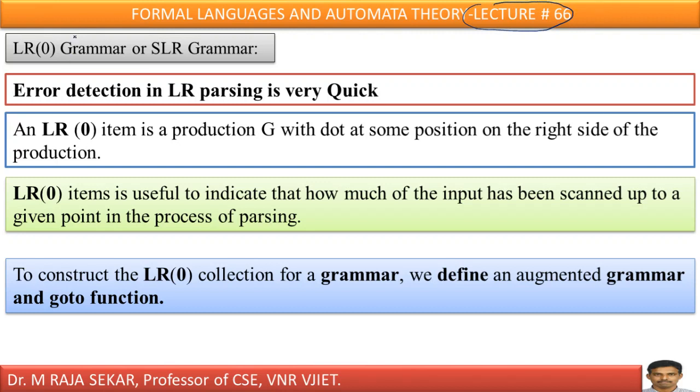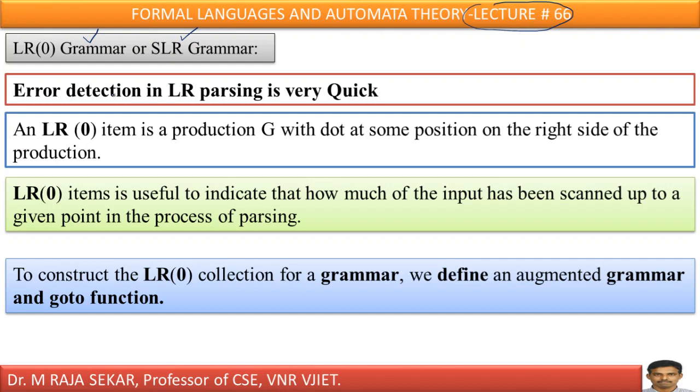In this lecture, we will try to understand LR0 grammar or SLR grammar. Basically, this LR0 parser, anyway, you can understand what a parser is, what an LR0 parser is, and how it is useful in the subject compiler design.